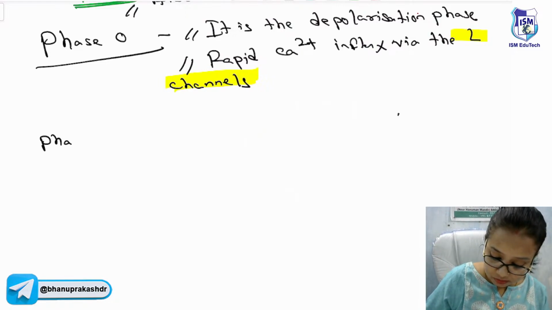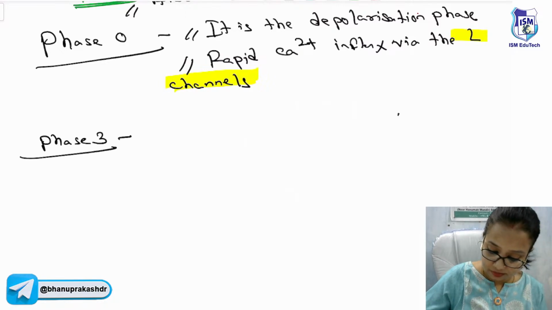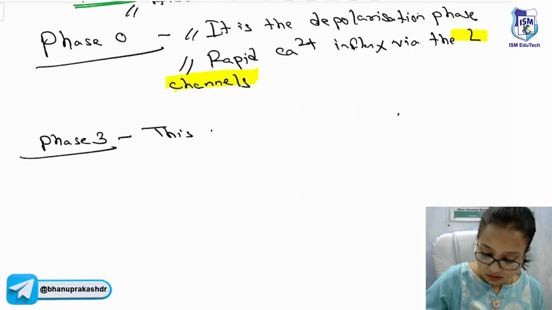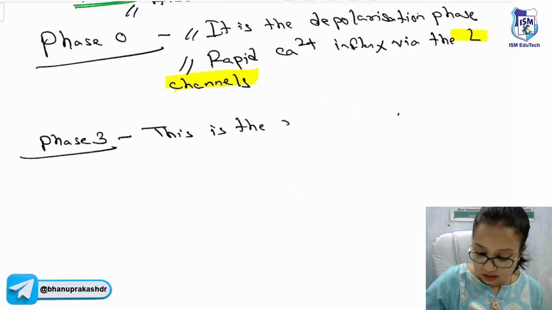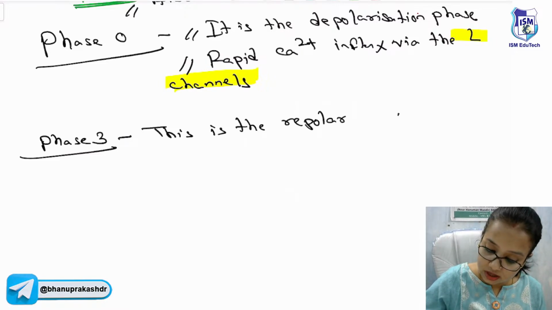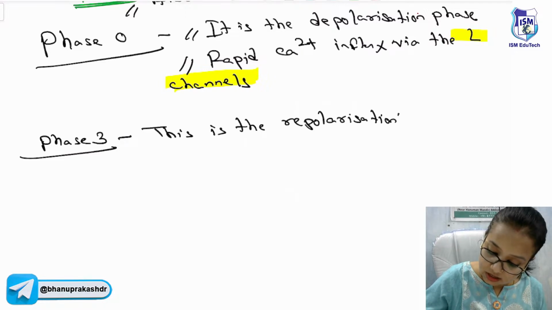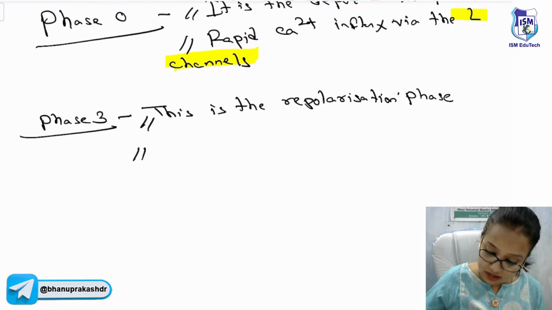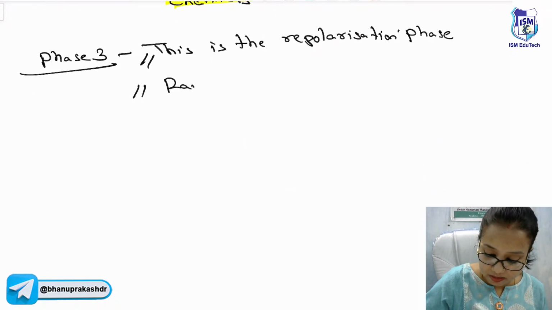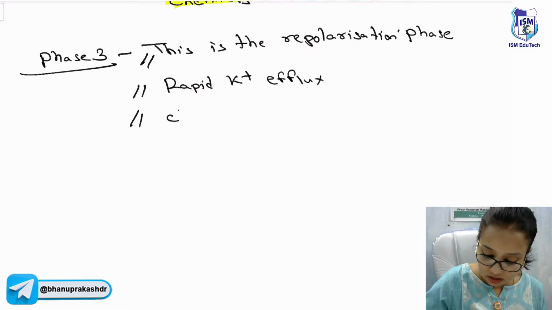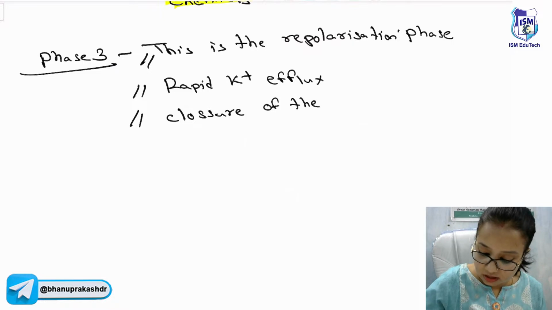Phase 3 is the repolarization phase. The ionic basis is rapid potassium efflux and closure of the calcium channels.